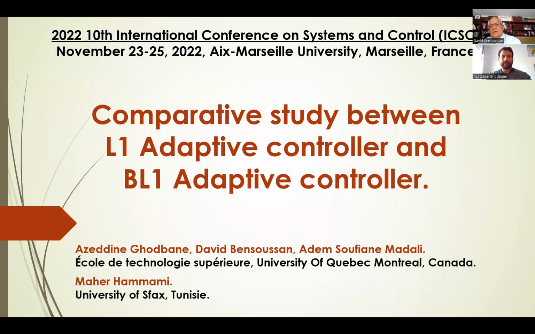Hello, everybody. Today we are presenting some new results, namely how to integrate a new control method called B control to the L1 adaptive controller in order to get improved performances.